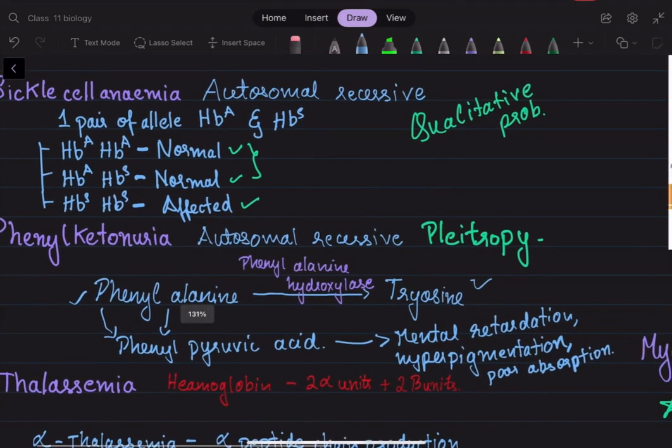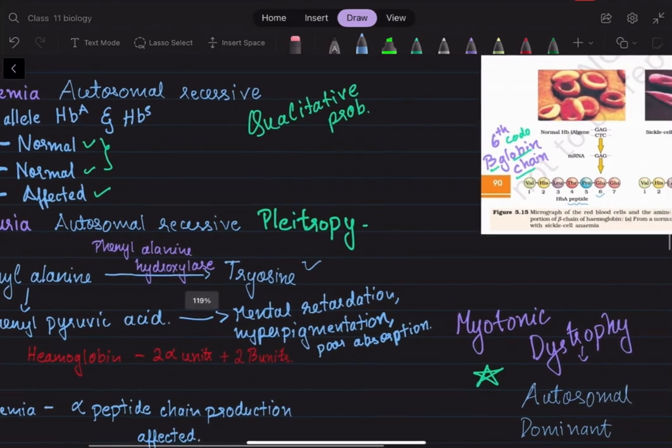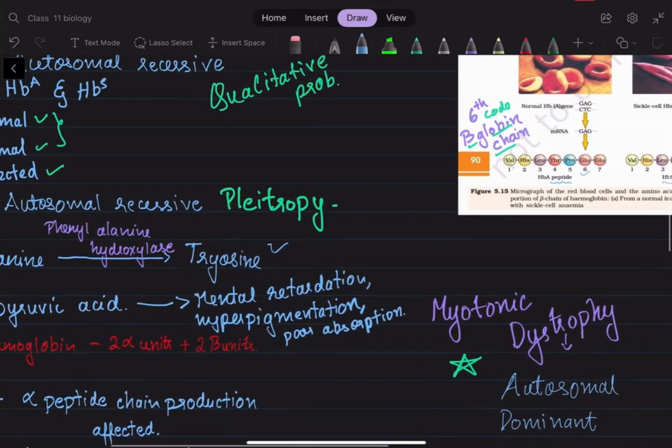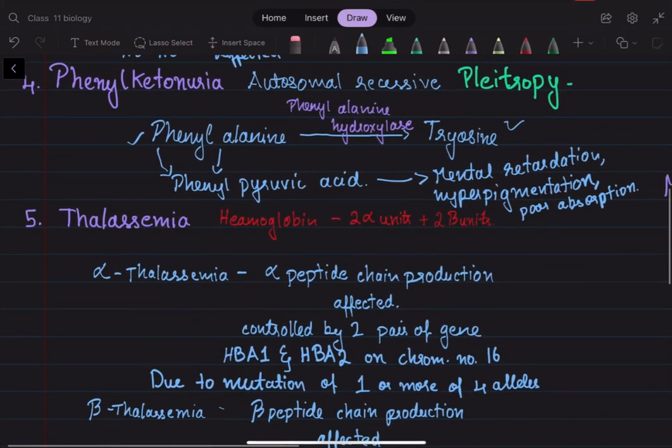This phenylpyruvic acid has multiple undesirable effects. It causes mental retardation, hyperpigmentation, and also the kidneys perform very poorly, which causes minimal absorption, etc. So this was in short about phenylketonuria.